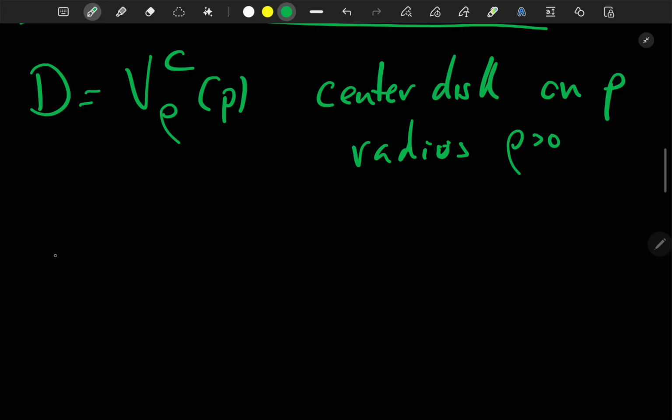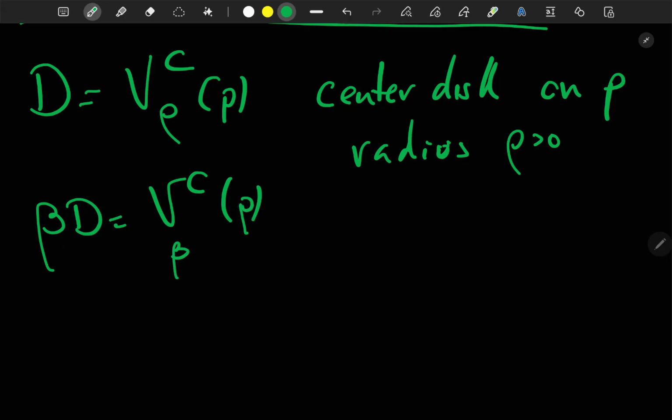And so beta D will be the same disk, but you multiply the radius by beta.